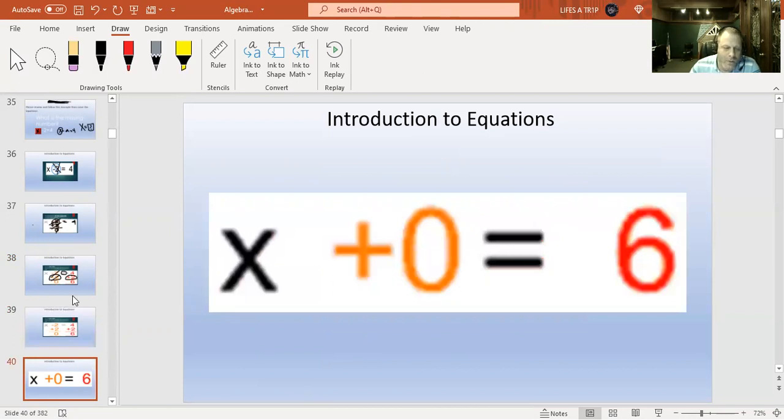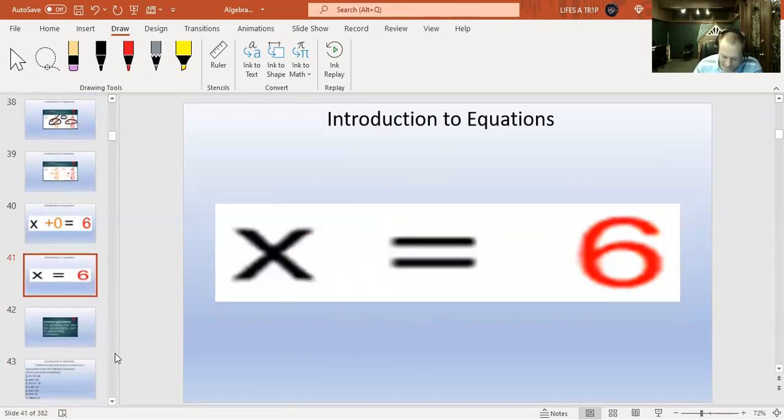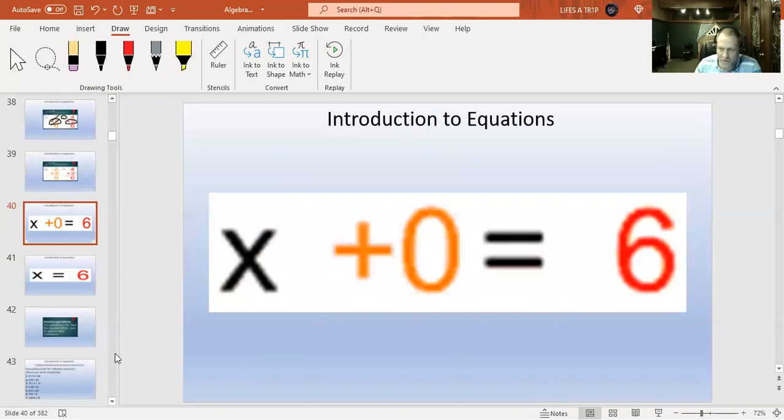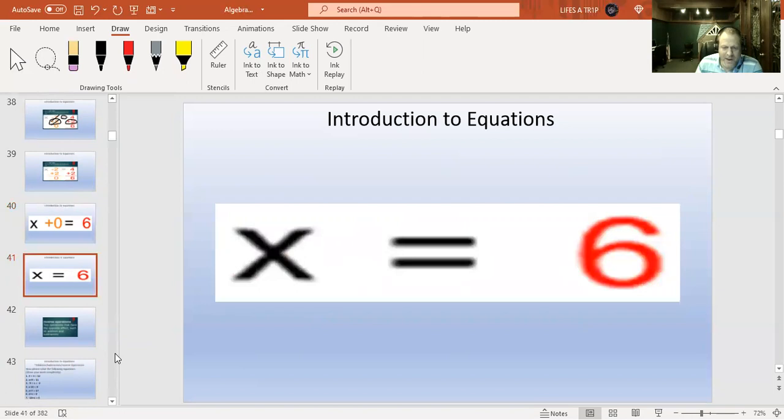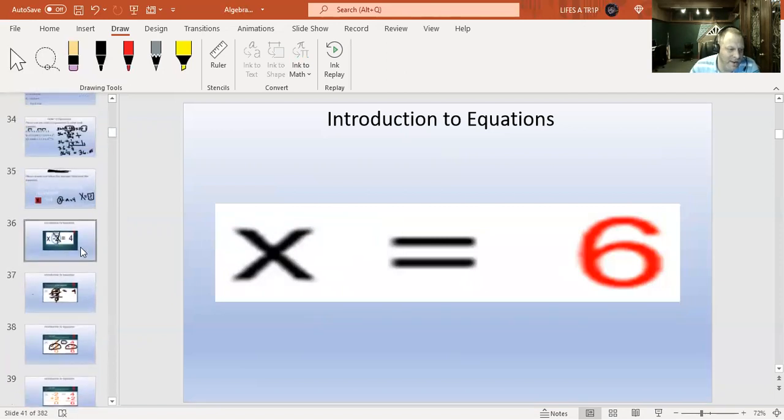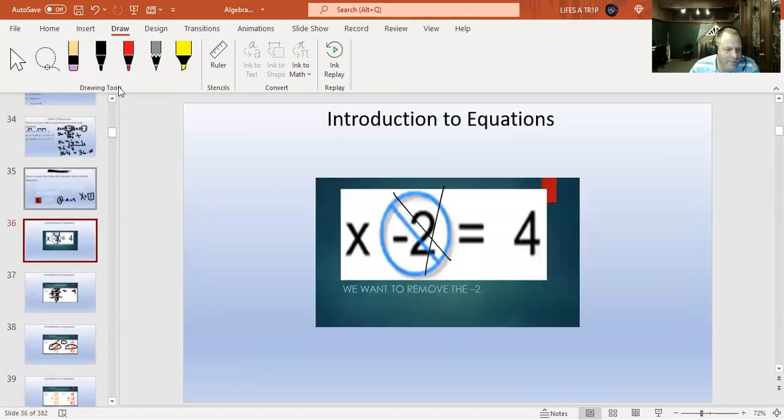Now we have X plus 0 equals 6. And we really don't even have to put that 0 in there, because we already know it's 0. Just one of those mental things. We can just put X equals 6. X equals 6. So let's go through these steps again.